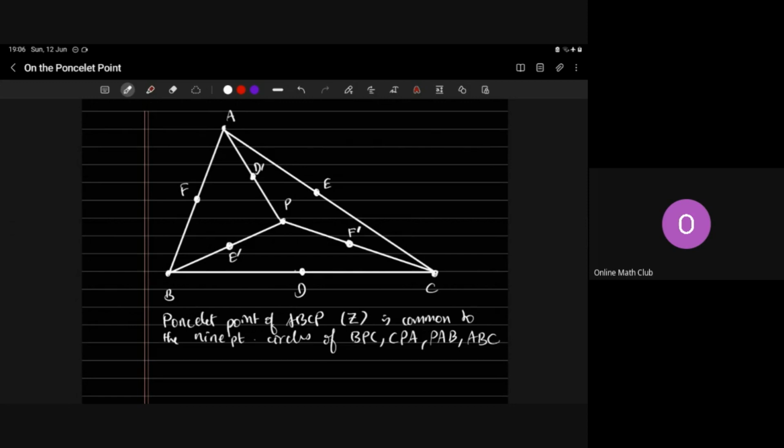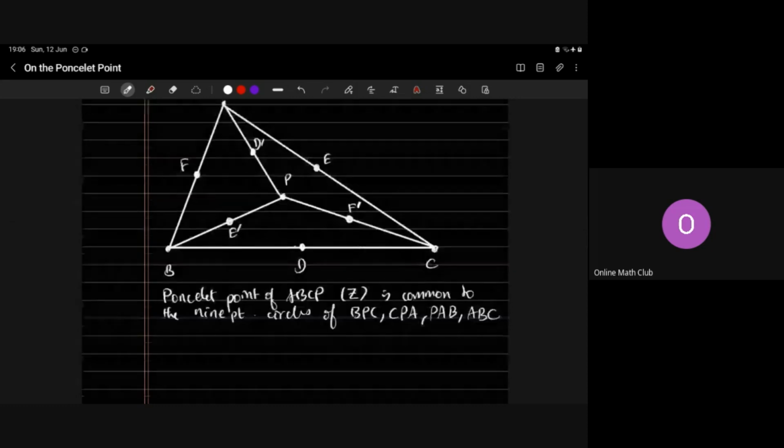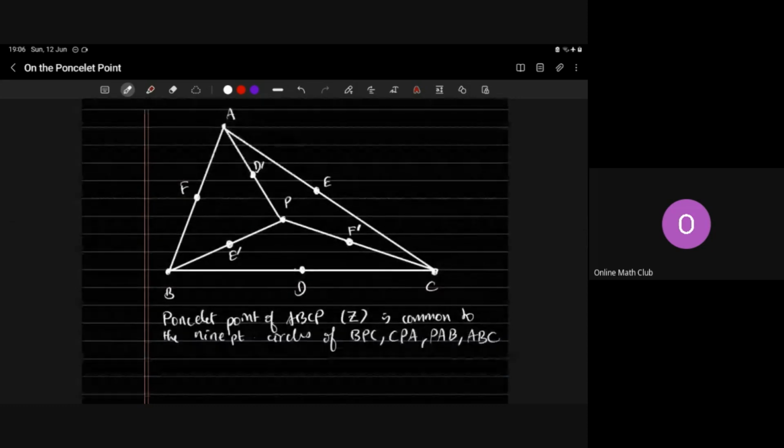So I'll just prove that the circumcircles fit. I've marked the midpoints in the diagram. So let's say Z equals the intersection of the circumcircle of D prime E prime F and the circumcircle of D prime E F prime.